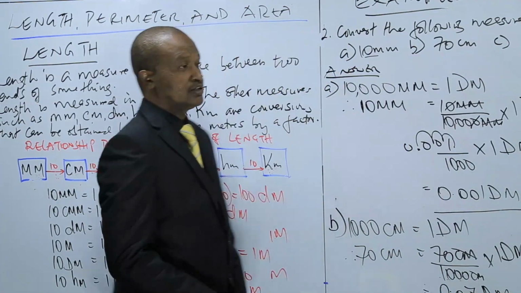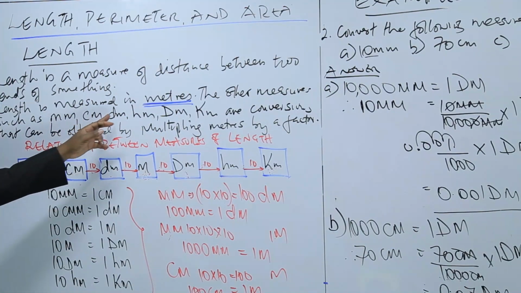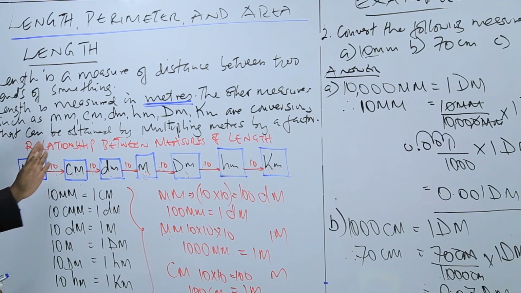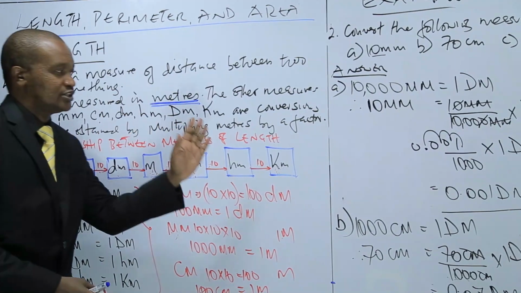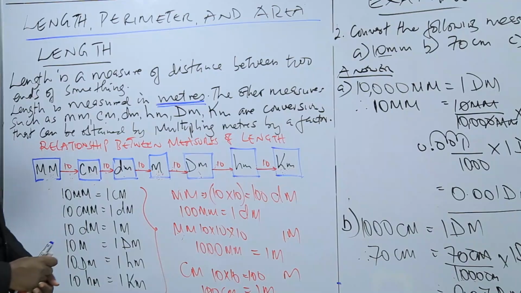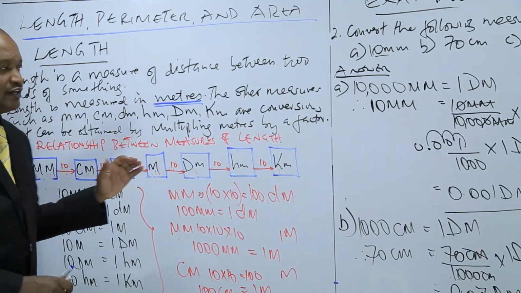And we said that length is measured in meters. The other measures, such as the millimeters, the centimeters, and so on, are just conversions that can be obtained by multiplying meters by a factor.